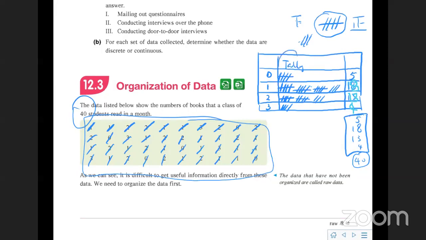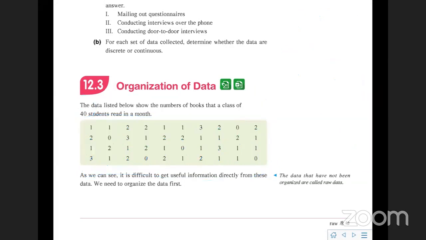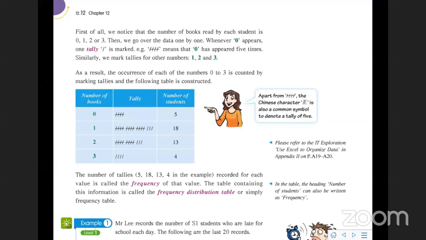Then this is called tally, and this is a method to organize the data. It means we organize the data in a table form like that.